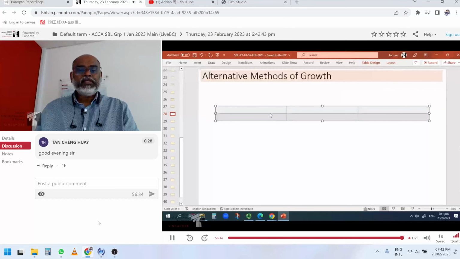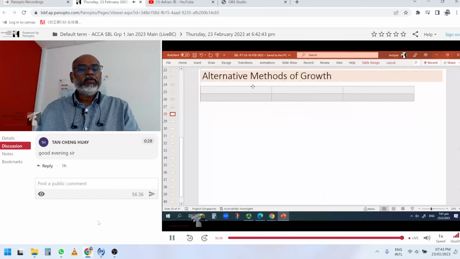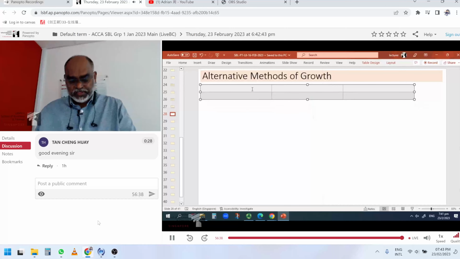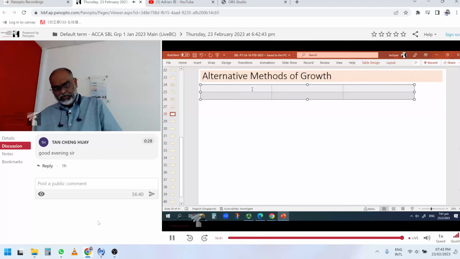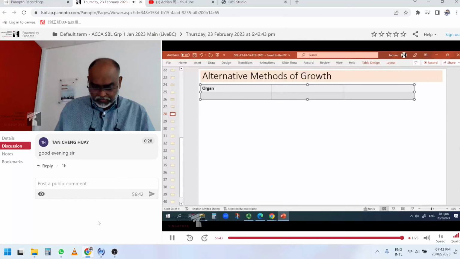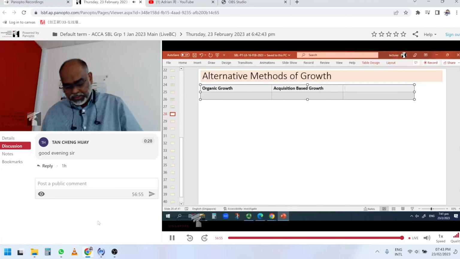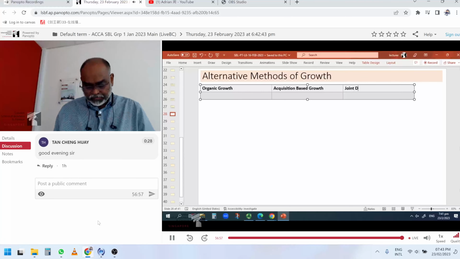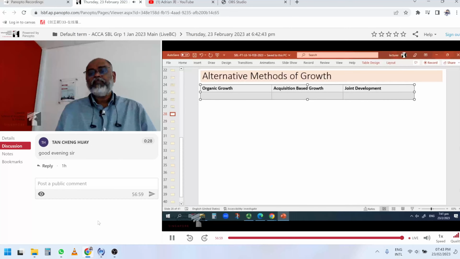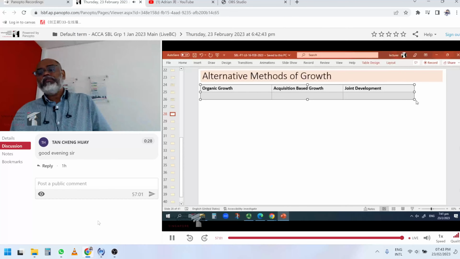The first one is you could have organic growth, or you got acquisition based growth, or the last one is joint development.